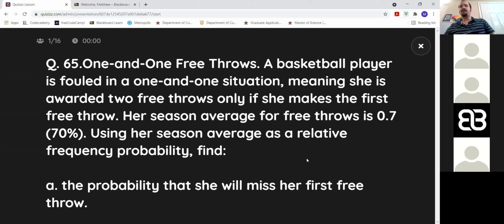Oh, this is almost too easy. So she will make 70% of her free throws. What is the probability she will miss her first free throw? I want a decimal. If this is 0.7, what is the probability she will miss it?